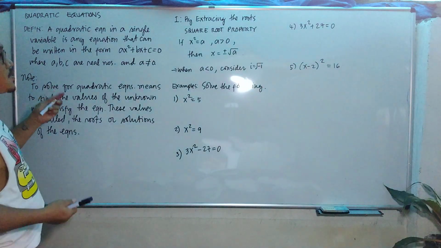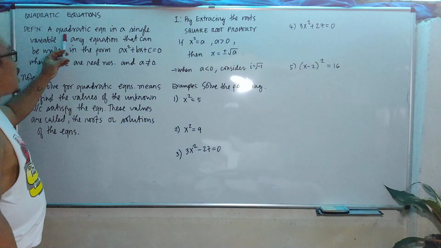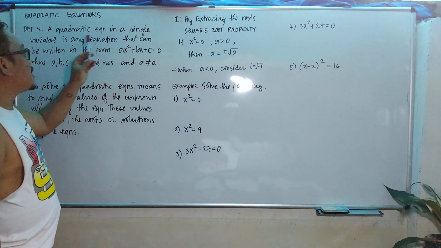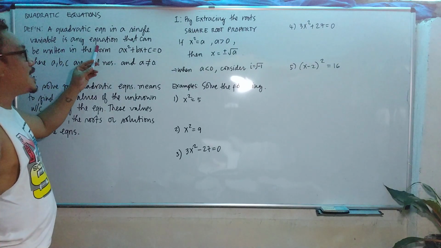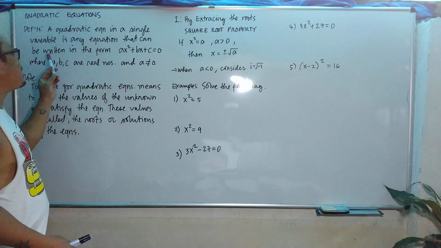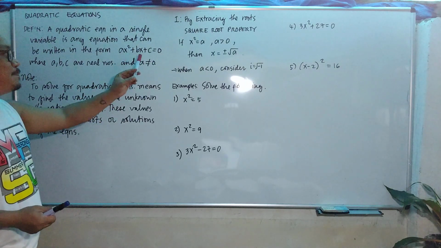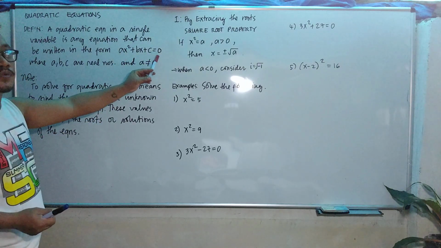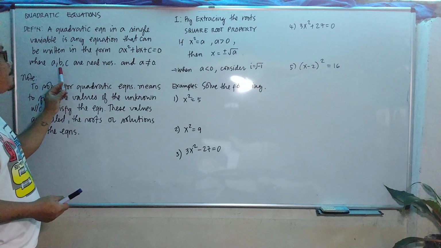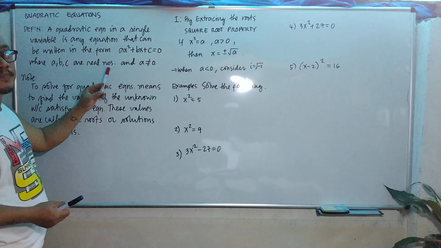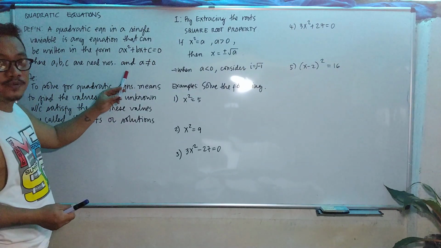It says here that a quadratic equation in a single variable is any equation that can be written in the form ax squared plus bx plus c is equal to 0, where a, b, and c are real numbers and a must not be equal to 0.